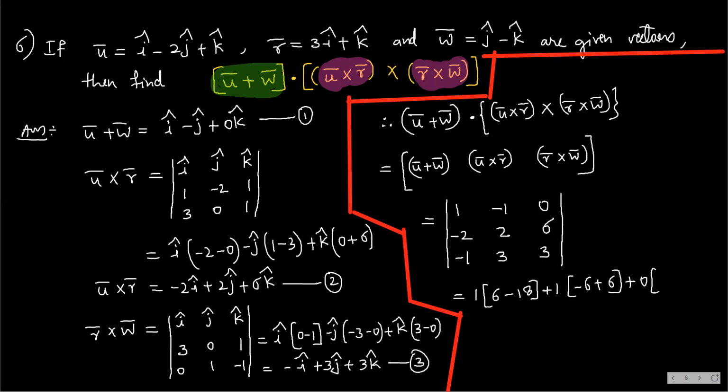You know, 0 into anything is going to be 0. So you have minus 6 plus 2, so this is minus 12. Minus 6 plus 6 is 0. Plus 0 plus 0. So the final answer is minus 12.